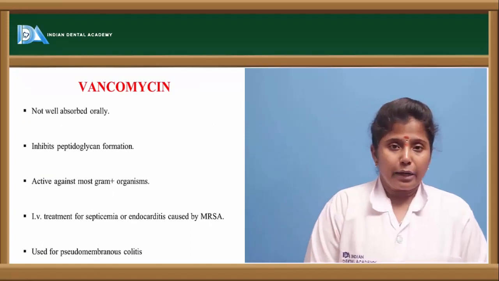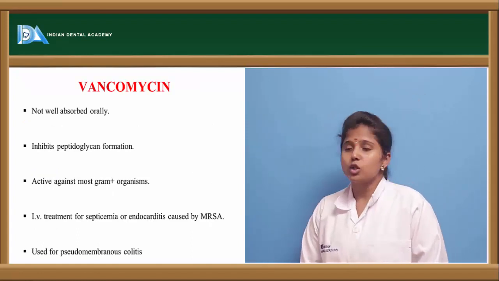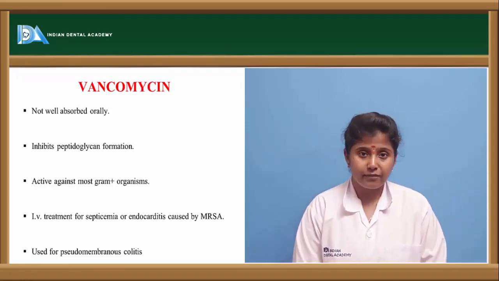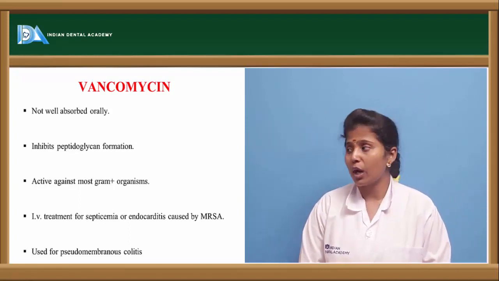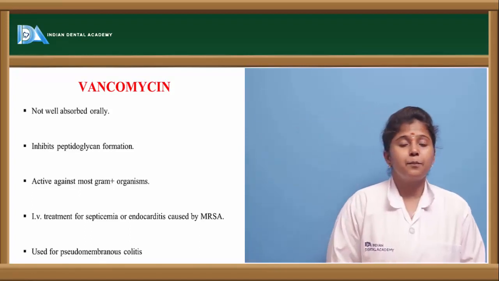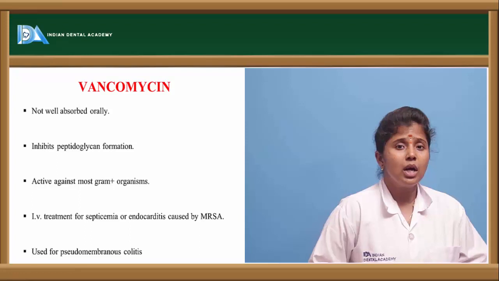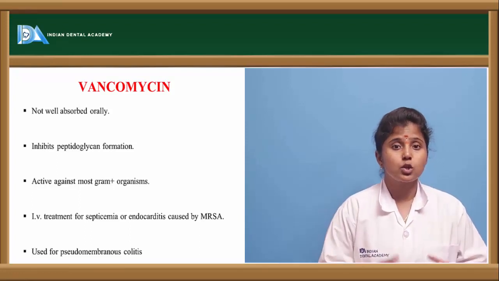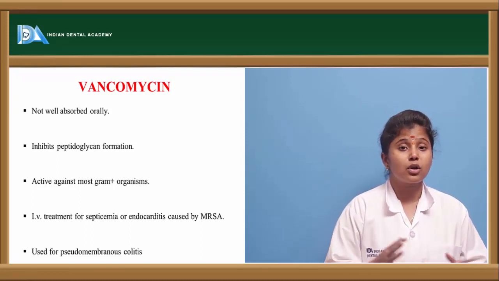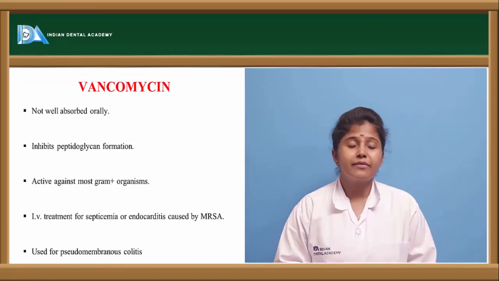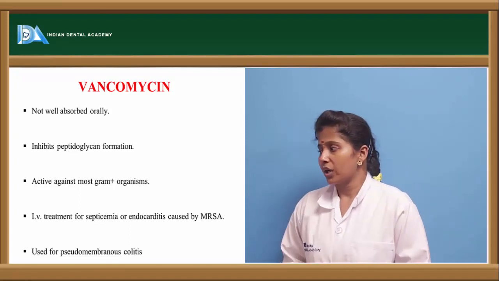The other drug is vancomycin. Vancomycin is not well absorbed orally. So if we give it orally, it's not well absorbed, so it has to be given through the IV route, and it inhibits peptidoglycan formation. Peptidoglycan is an important compound which aids in cell wall synthesis. This compound formation is inhibited by vancomycin, and it is very effective against gram-positive organisms.